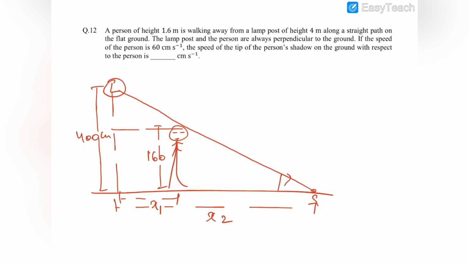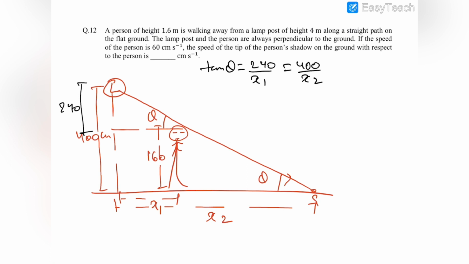Now you can see that this angle and this angle are the same, so we will write down tan theta from this triangle. This length is 240, and tan theta will be equal to 240 divided by x1, and tan theta from the bigger triangle would be 400 divided by x2. So x2 would be equal to 5 by 3 of x1.